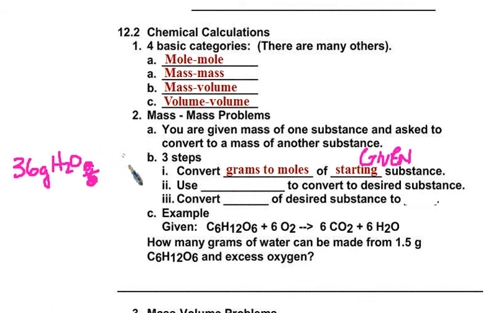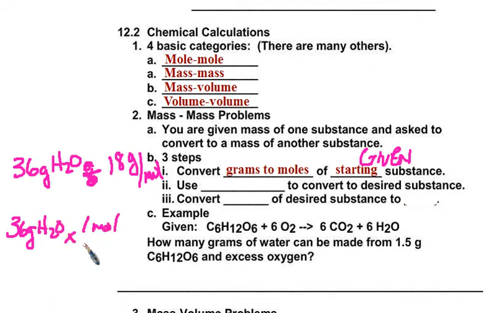Dividing by the molar mass is dividing by 18 grams per mole. But if we're dividing by this fraction here, we're really multiplying by its reciprocal. And that will give us 36 grams of H2O times 1 mole over 18 grams of H2O.